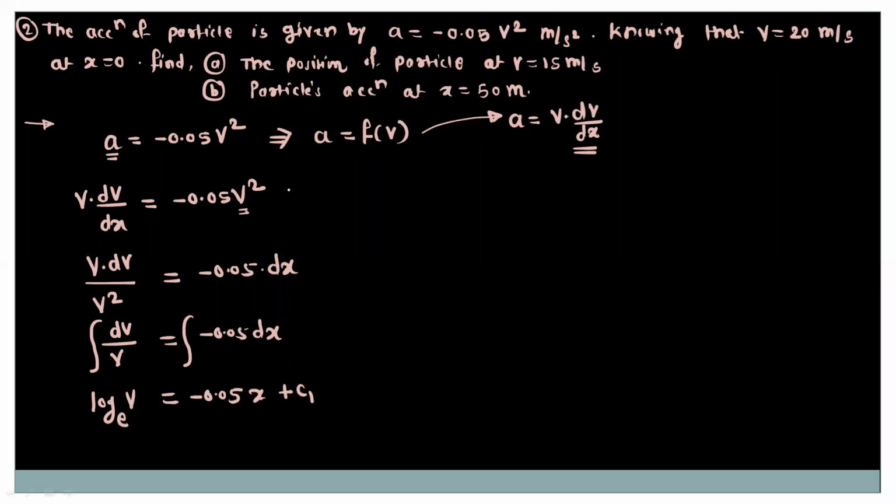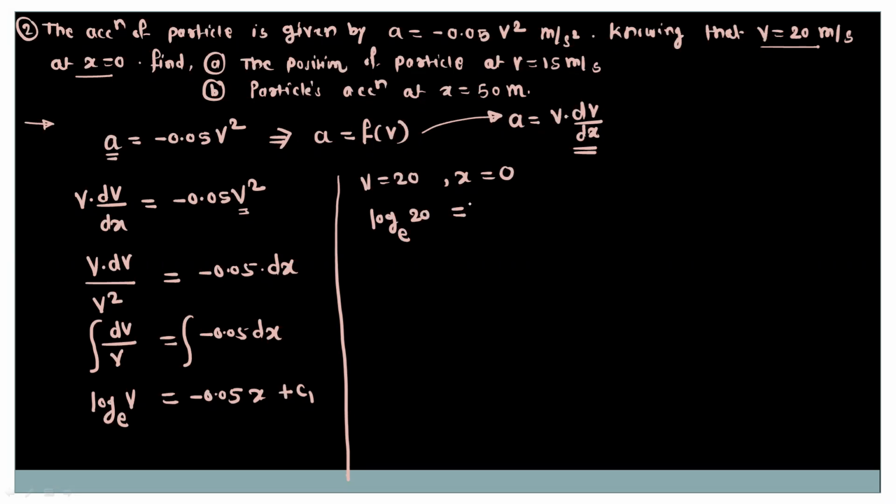Now put the condition v = 20 and x = 0. If you put this condition in this equation, then this is log 20 to the base e equal to 0 plus c1.